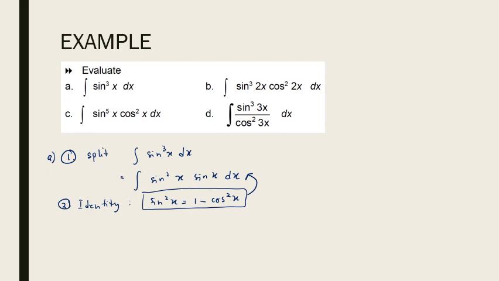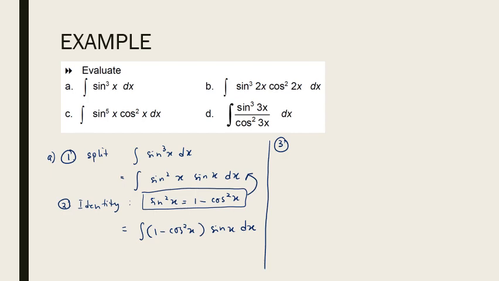Okay, so what does it become? I put it below, equal to integrate 1 minus cos square x, in brackets, sin x dx. We substitute the sin square x. Next, step 3, substitution.